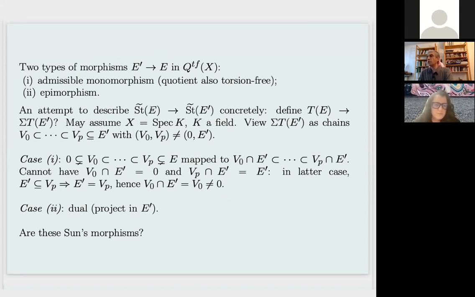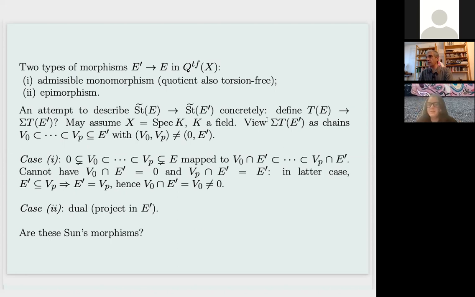I would like to try to define a map from the Tits building of E to the suspension of the Tits building of E prime. And as I said, I reduce to the case where K is a field. And in fact, there's a pretty obvious map, which is like this.